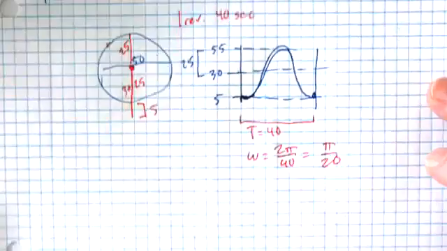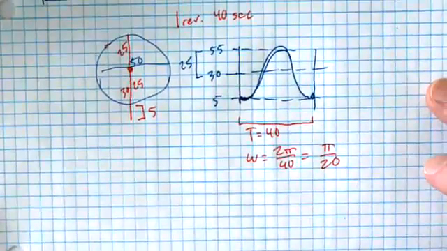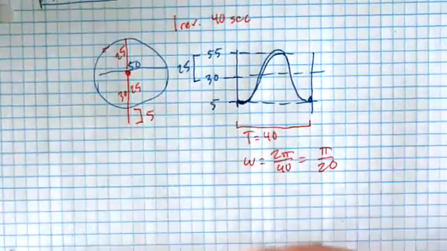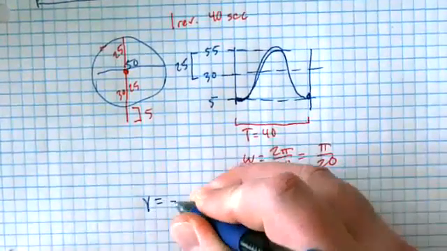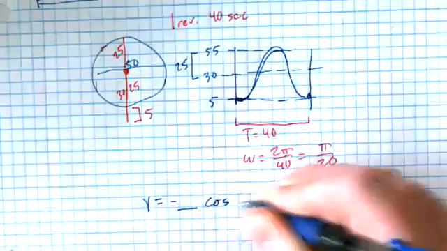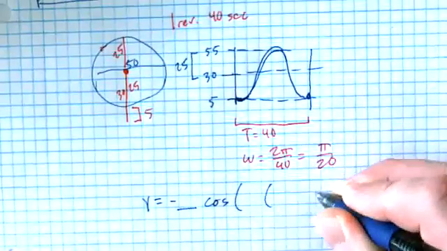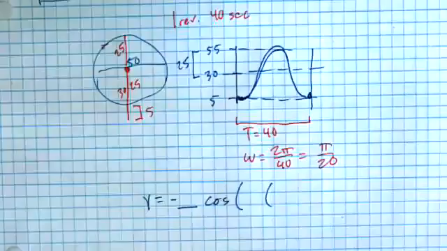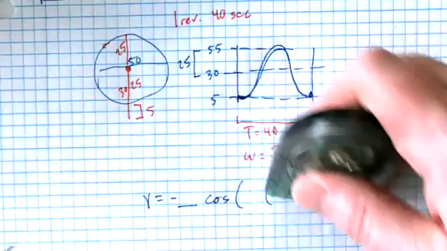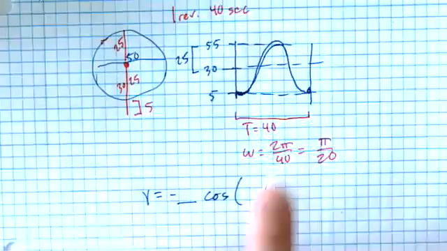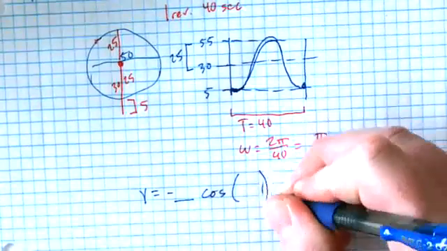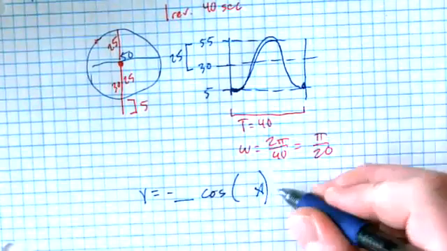I think we got enough to write this thing, don't we? Let's write ourselves a negative cosine equation. Y equals negative something cosine. We got our omega. Actually, we don't even need a horizontal shift, we said, right? So I can just put omega in front of x. We do need a vertical shift though.